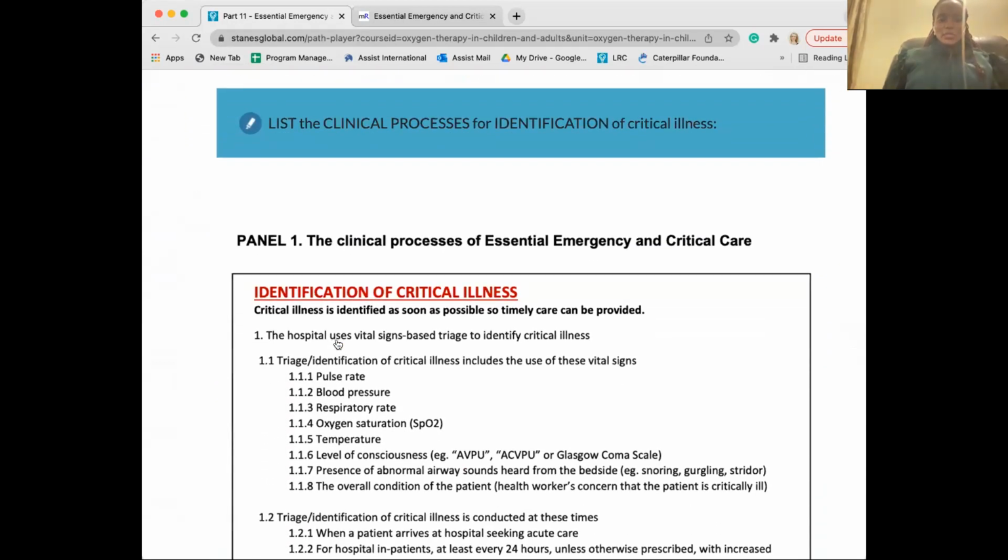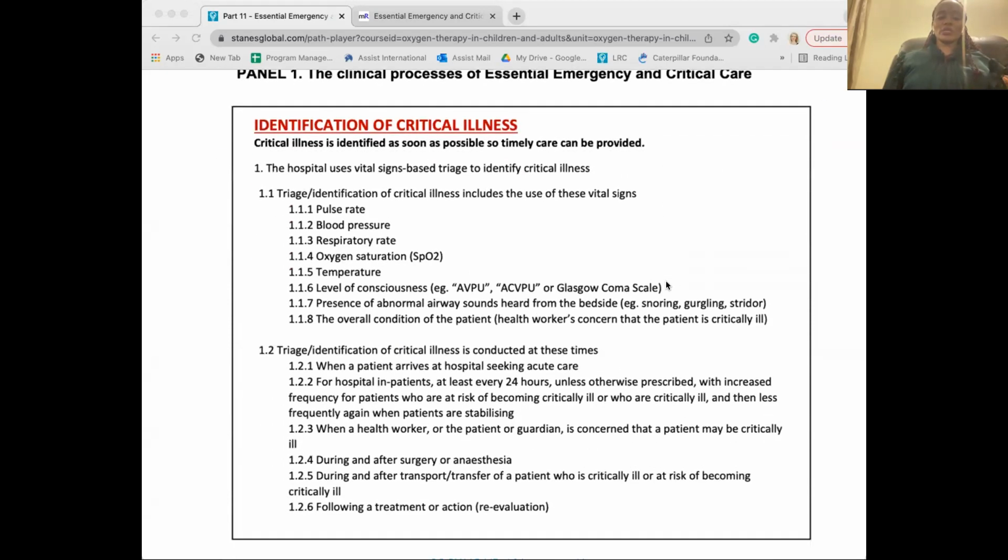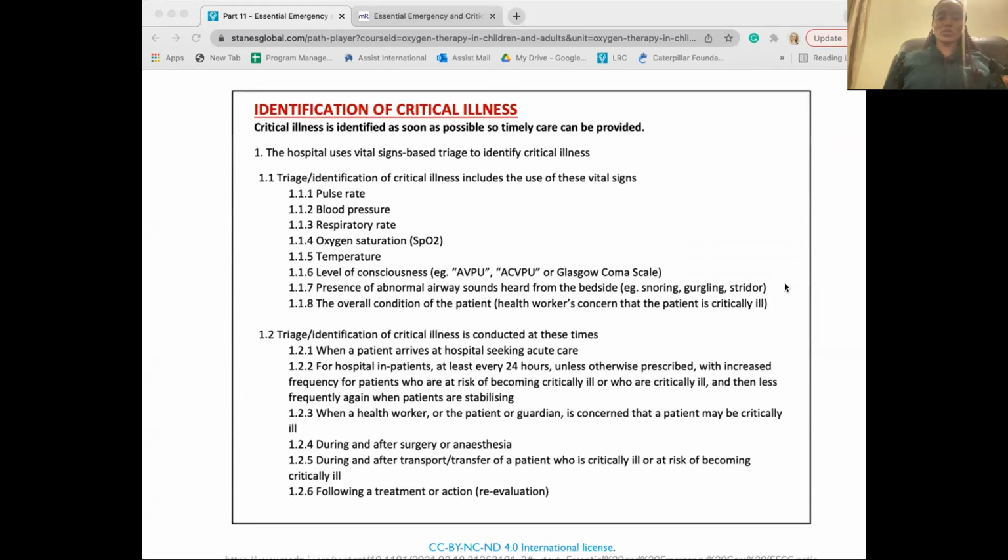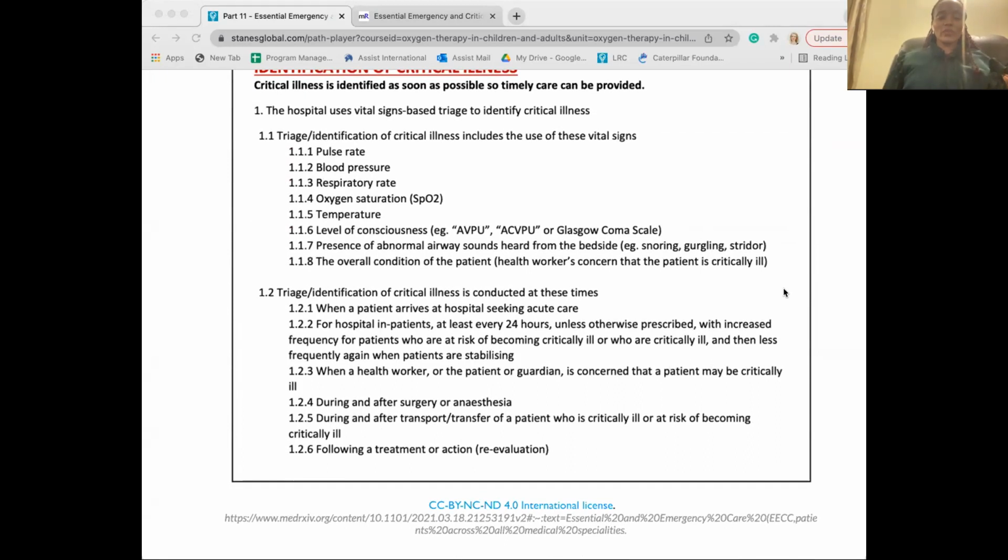So, list the clinical processes for identification of critical illness. This is just a recap. You identify them through physical examination. You're looking at the pulse rate, blood pressure, respiratory rate, oxygen, temperature, and level of consciousness. Then once you identify, what happens when this patient arrives at the facility, who takes care of the patient?